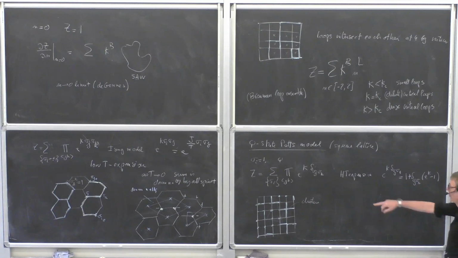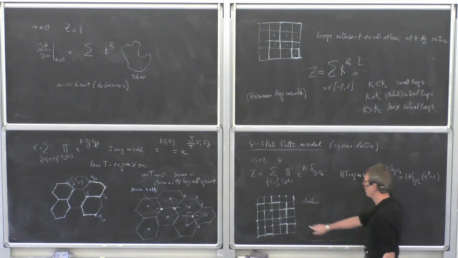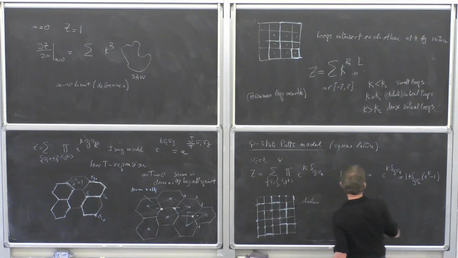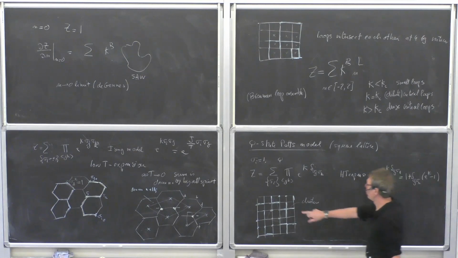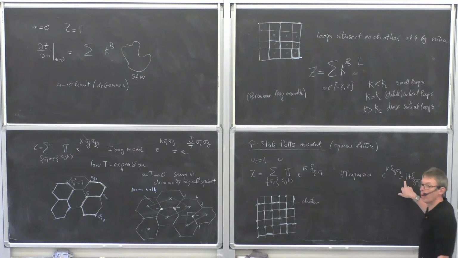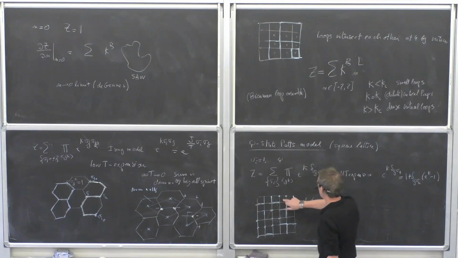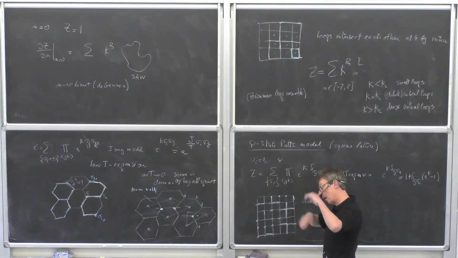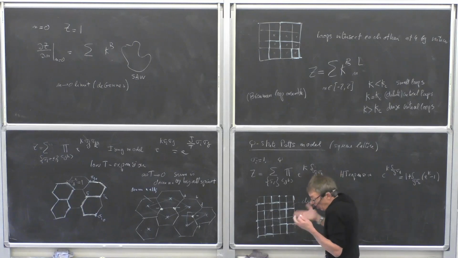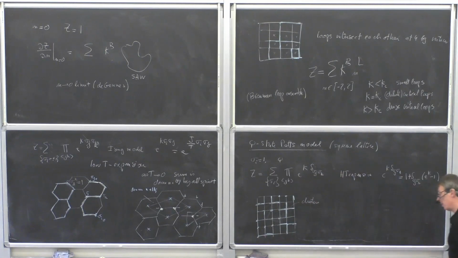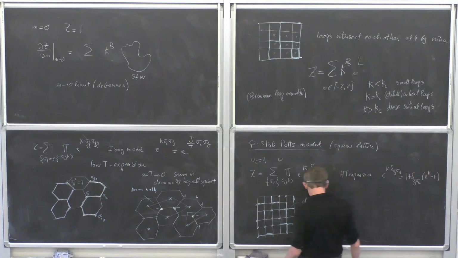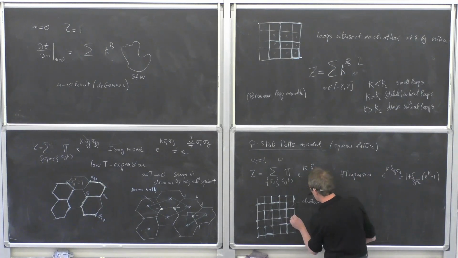So for instance, this diagram here means that for the blue edges, I took the e to the k minus 1 term, and for the non-blue edges, I took the 1 term. So if I have a vertex surrounded by only white edges, it sits on its own, but nonetheless, I must remember that it's there. That's why I drew it in blue. So this is a typical diagram we will get in this expansion.